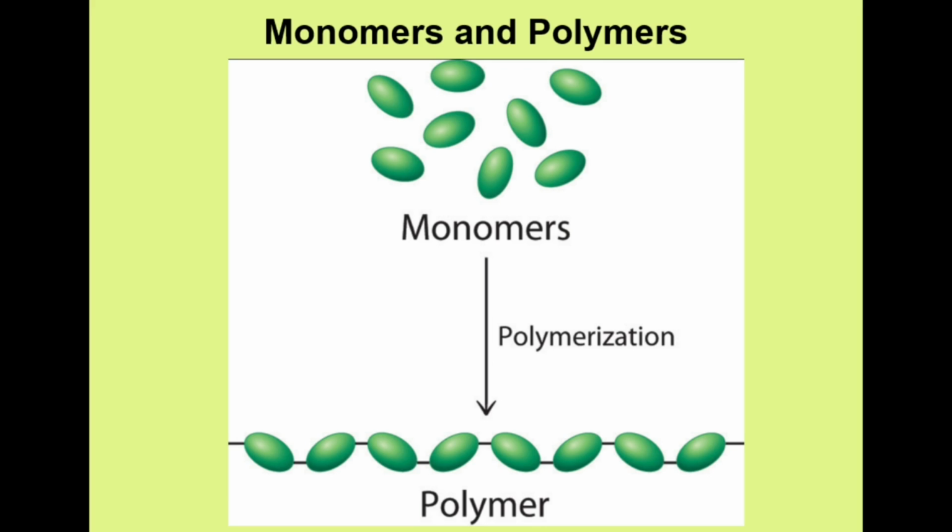But notice I didn't mention anything about lipids, because lipids are the odd one out of our four classes, in the sense that lipids do not tend to form these large macromolecules. And we'll look at that in more detail in the next session. But keep in mind that monomers and polymers are terms that I'll be using quite a lot. The carbohydrates, nucleic acids and proteins each have their own specific monomers, and then they will also have their own specific polymers.